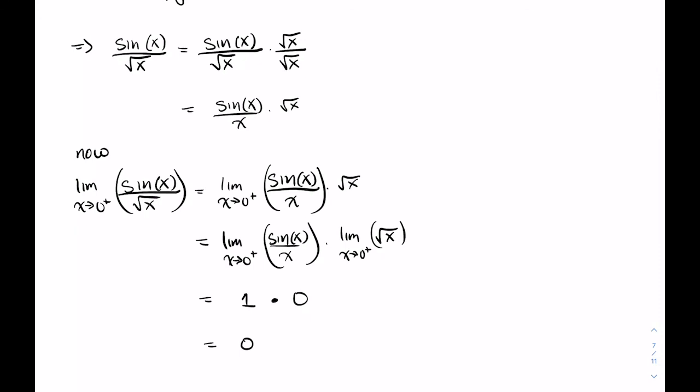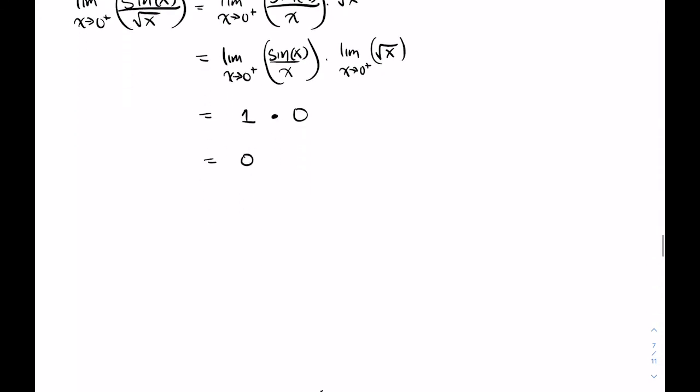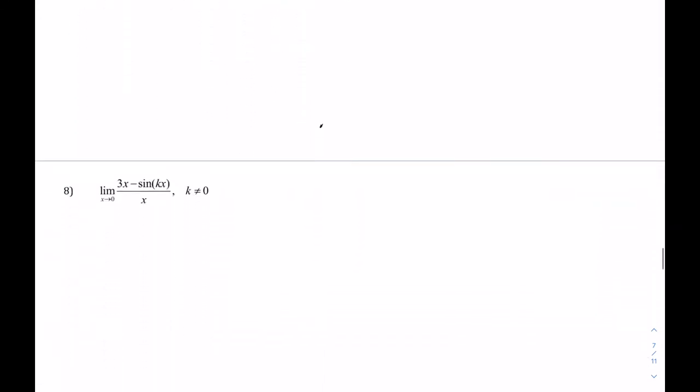Nice. Let's move on to question number 8. And I know by now everyone is thinking that we need to simplify, and that is correct. So here we have 3x minus sine kx, and I'm dividing that by x.